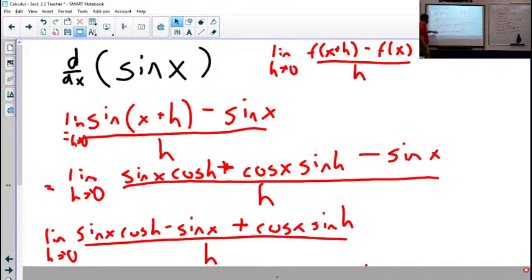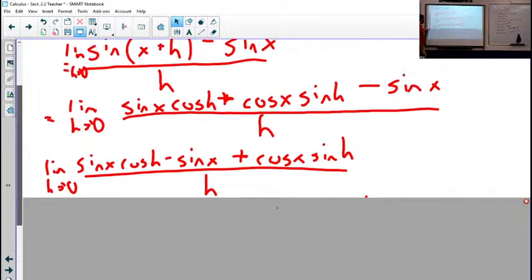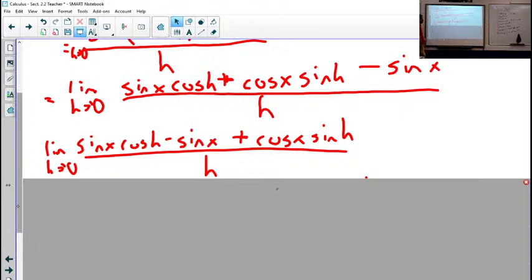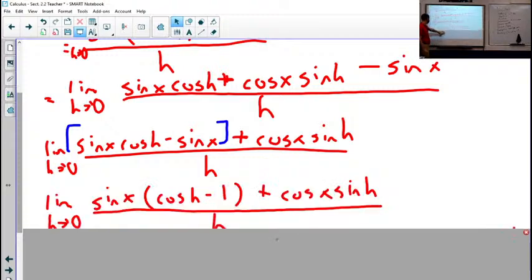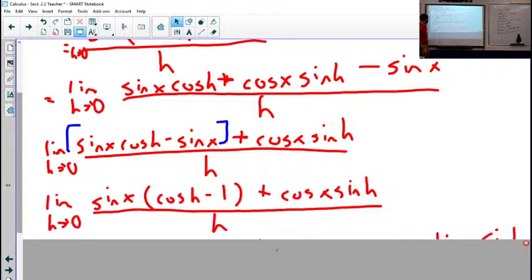We're going to rewrite this so that in this first part, we can factor out a sine of x.